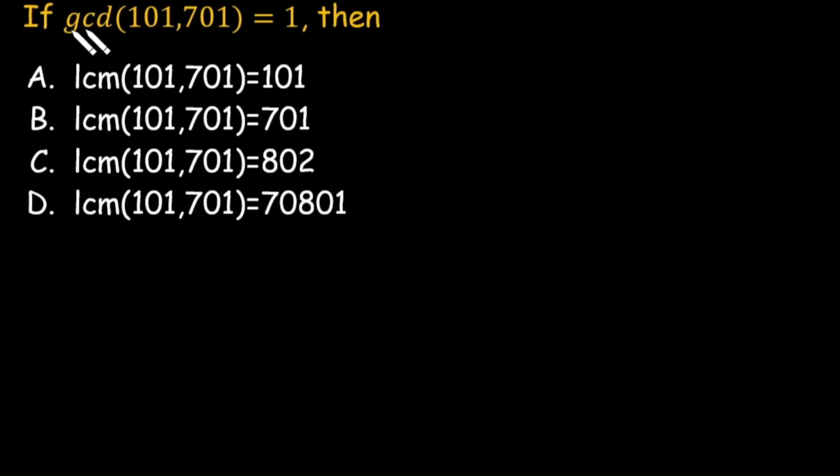Next is, if the GCD of 101 and 701 is 1, then the LCM is equal to what? One procedure is we can find the LCM. As the GCD is given to you, it means we have one option directly to find the LCM. In this case, we will apply one result which says that LCM of two numbers into GCD of two numbers is equal to the product of the given two numbers.